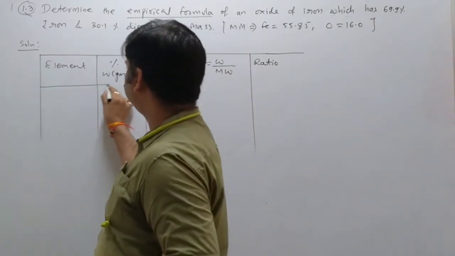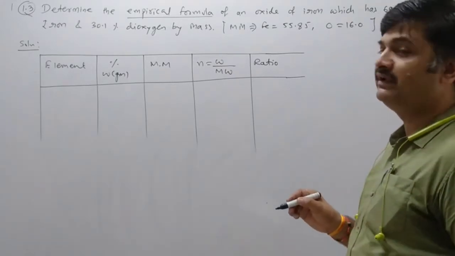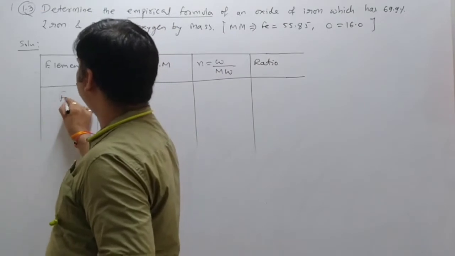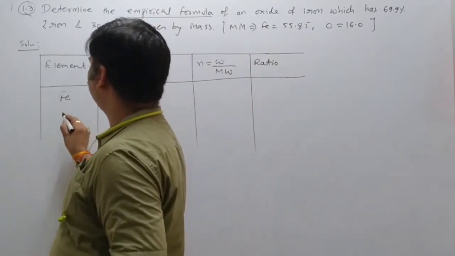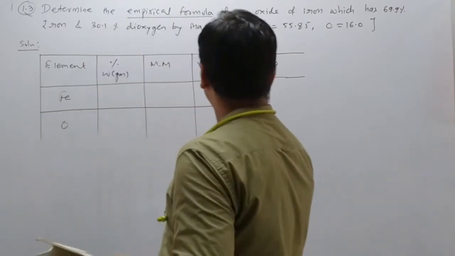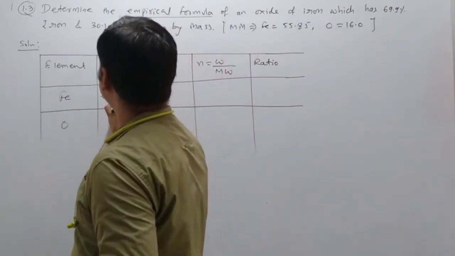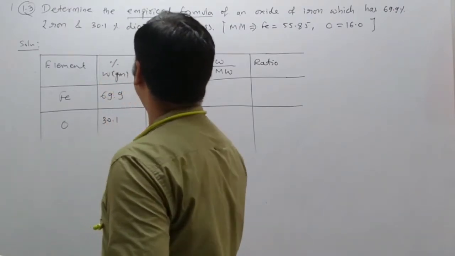So here, this is tabular form. Whenever you are calculating the empirical formula, then percentage is required. Here the element will be Fe, and the second one is again oxygen. In case of Fe, what is the percentage? 69.9, and oxygen 30.1.